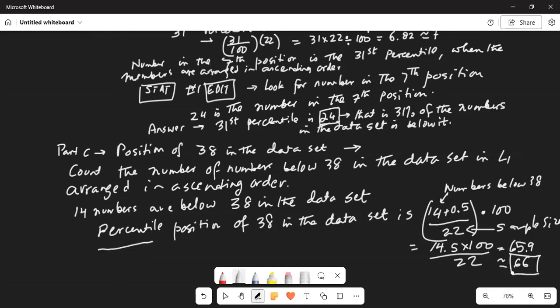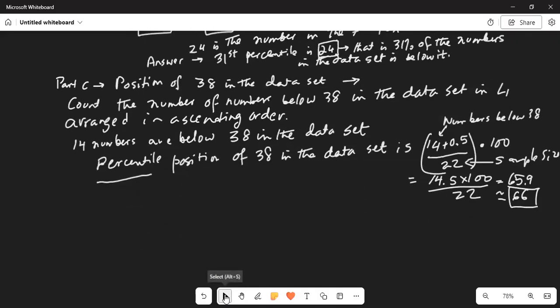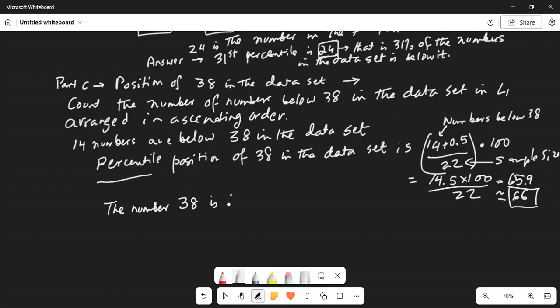That's your answer. So what is your answer? The number 38 is the 66th percentile. What does it mean?